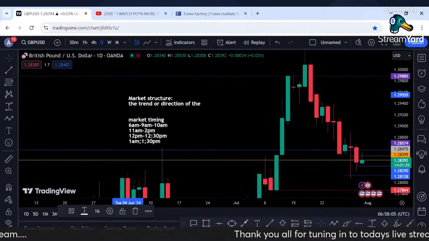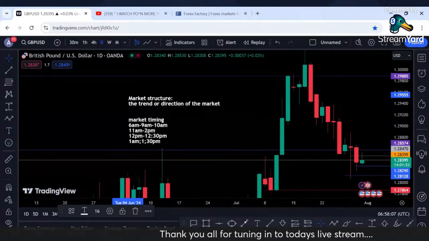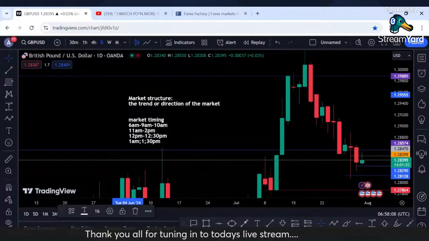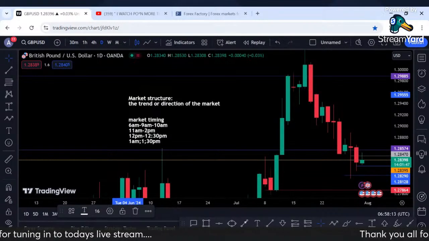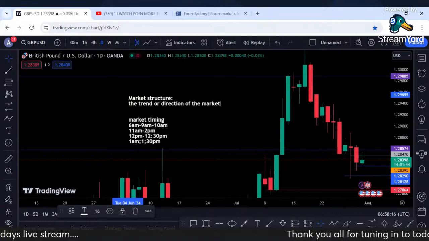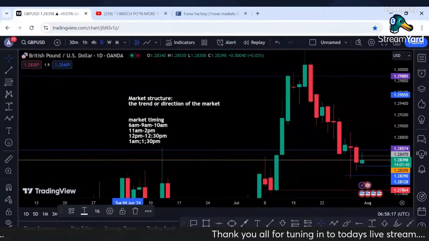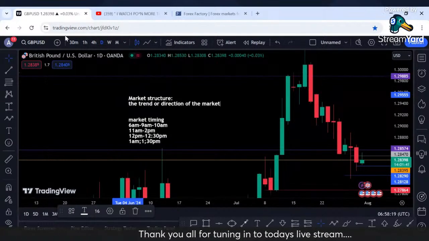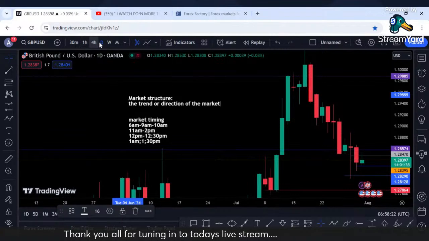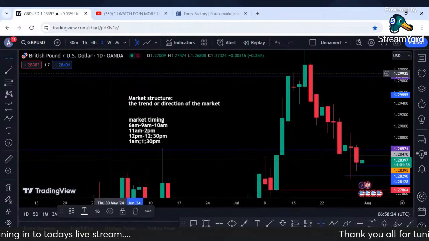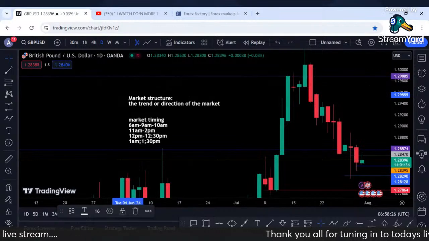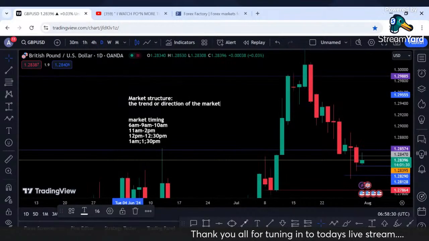But you have to know the time frame that you are going to focus on, because something that is an uptrend on the H1 or H4 time frame might be a downtrend at the M30 time frame.